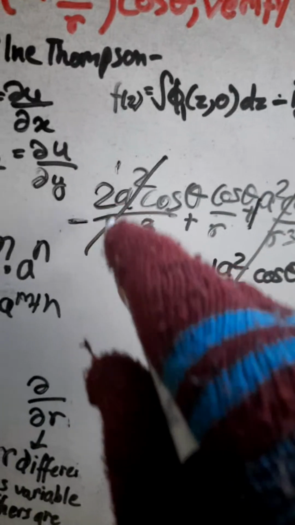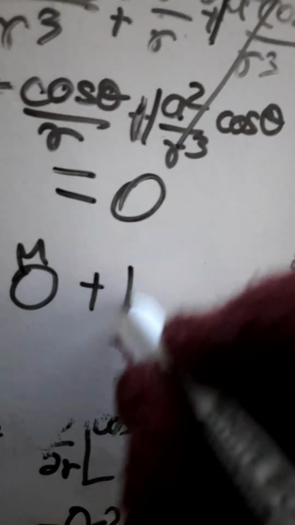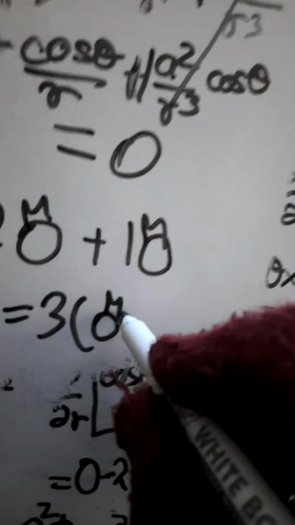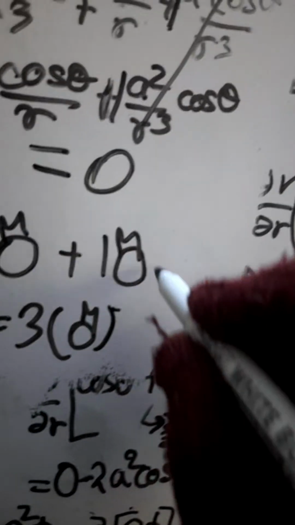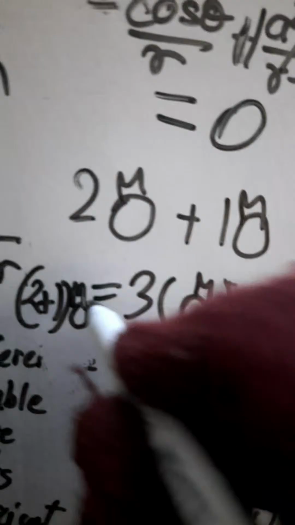So plus 2a square cos theta by r cube. Let me show you, 2 oranges plus 1 orange would be 3 oranges.